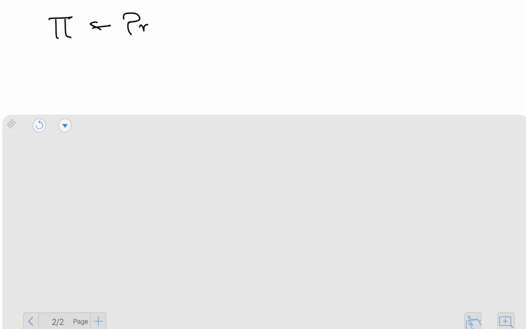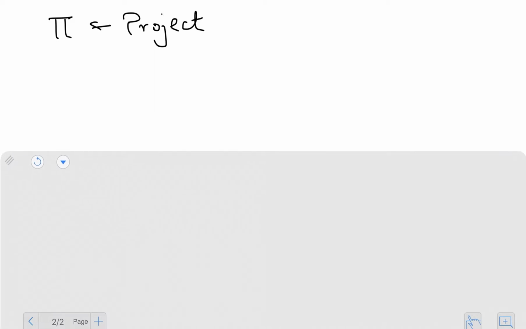The next one is the project operator, denoted by pi. So this is the project operator, and the way this project operator works is that it gives us certain attributes from the column. So like we had the select operator, which selected certain rows, the project operator selects certain columns.